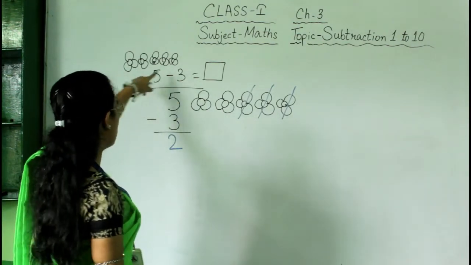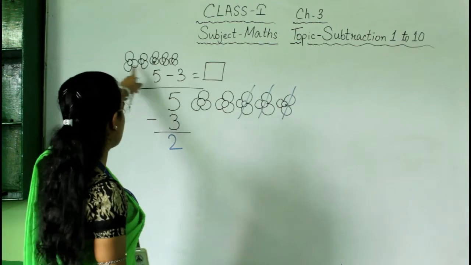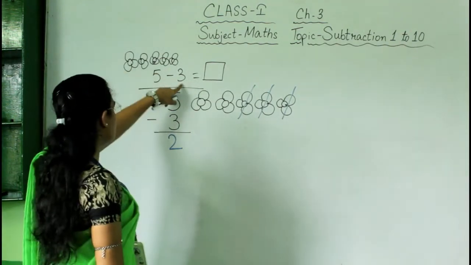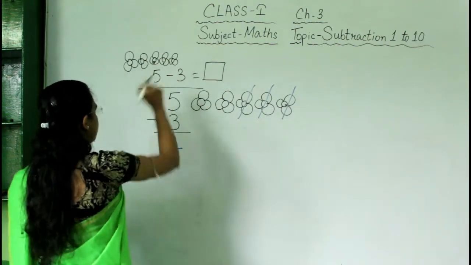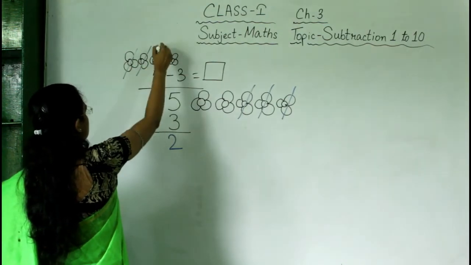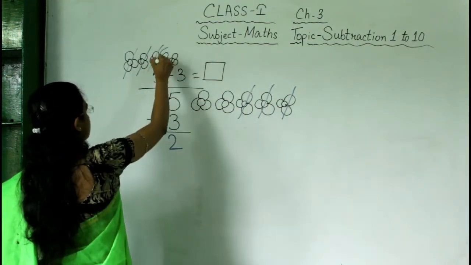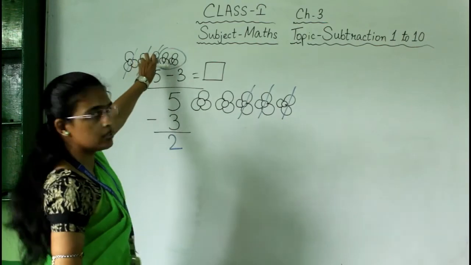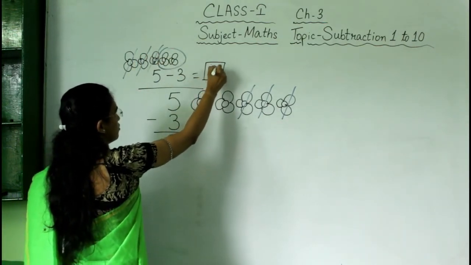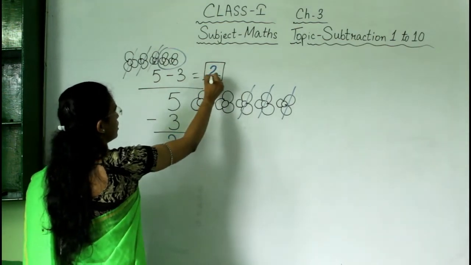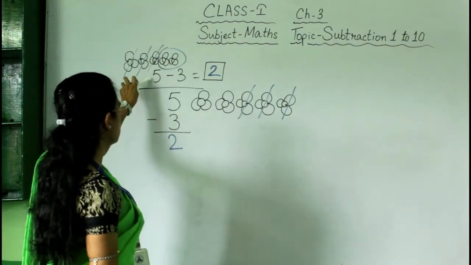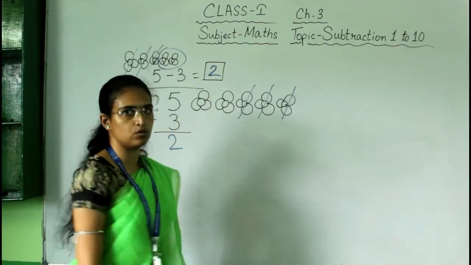So from 5, how many flowers do we have to cut? We have to cut 3 flowers from these 5 flowers. 1, 2, 3. So how many flowers are left? 1, 2. So 5 minus 3 equals 2. Okay? Here also 5 minus 3 equals 2. And in this question also 5 minus 3 equals 2.